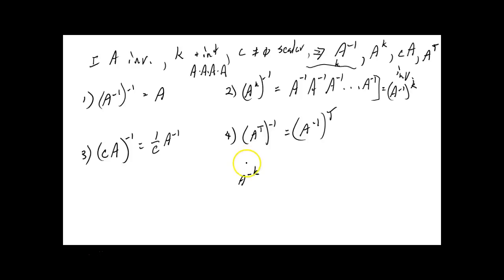But that really looks like what that's describing, and A to the minus K is exactly the same as what you're describing there. So for non-singular matrices, you can do that. Of course, if you have a singular matrix, don't mess with it. Don't try to undo it. Okay.